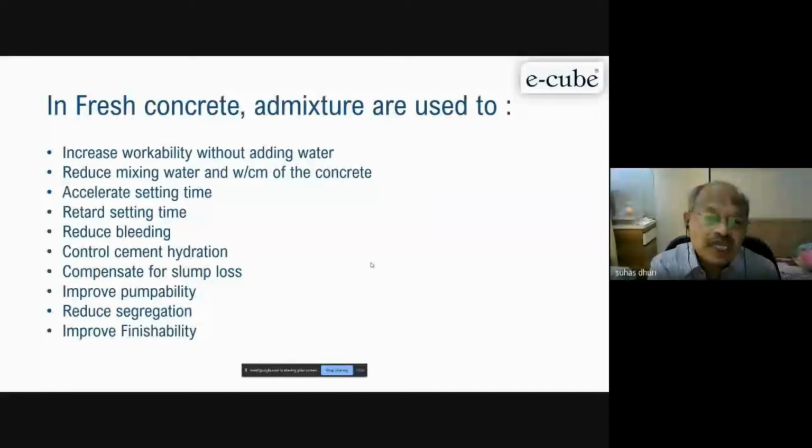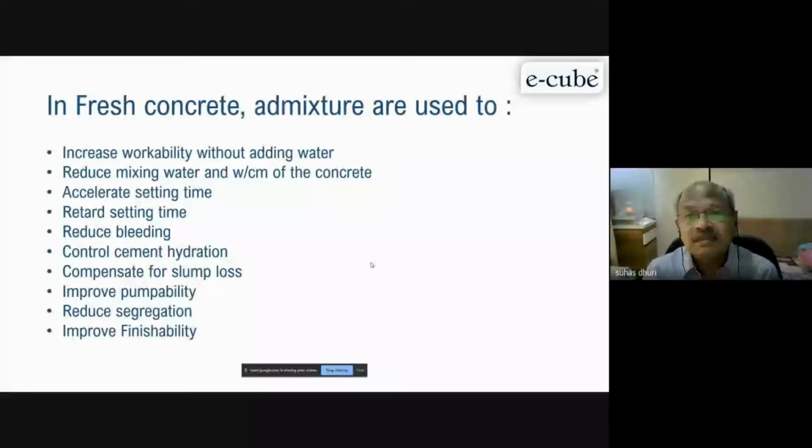But if you are not using appropriate admixtures, you will find that slump has dropped drastically. You are not able to pump it. You are not able to handle it. So that can be compensated with proper selection of admixture. Improves pumpability.